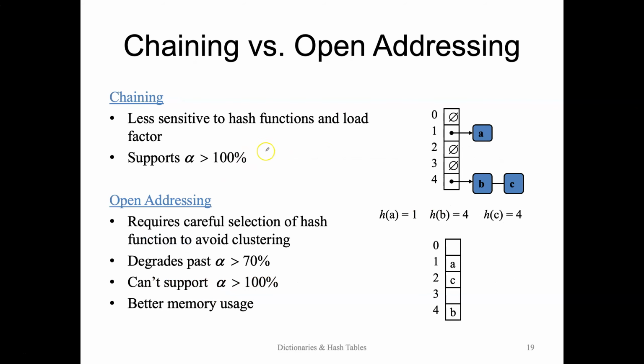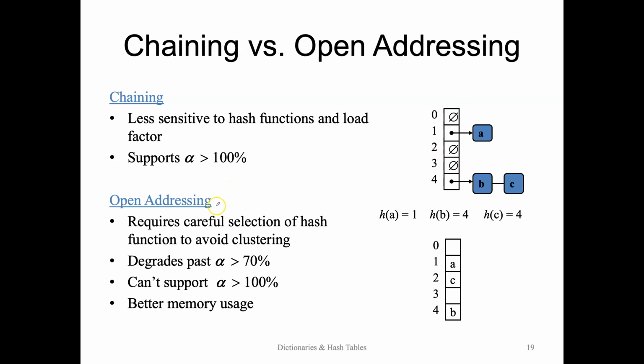So if we are using, let's say, chaining, this is good in the sense that this is a pretty simple design, easy to implement. It's also not as sensitive to our hash functions or load factor. In fact, it can even support a load factor of larger than 100% because we could store, maybe every cell stores 2 items, for example. But it doesn't have as good memory usage.